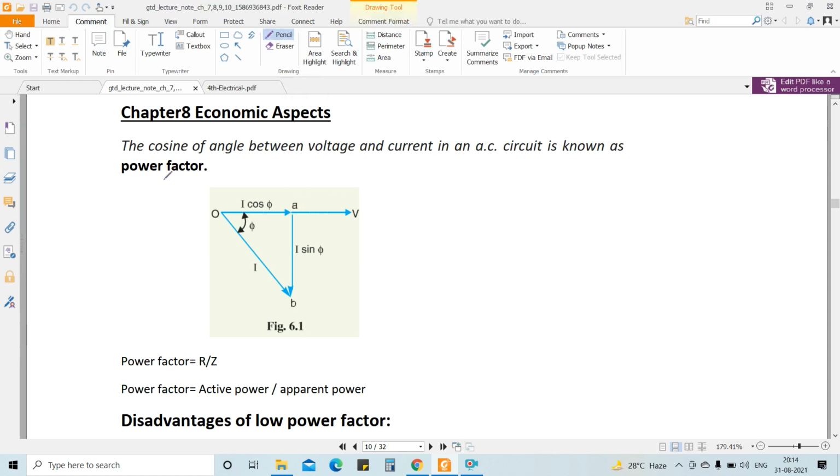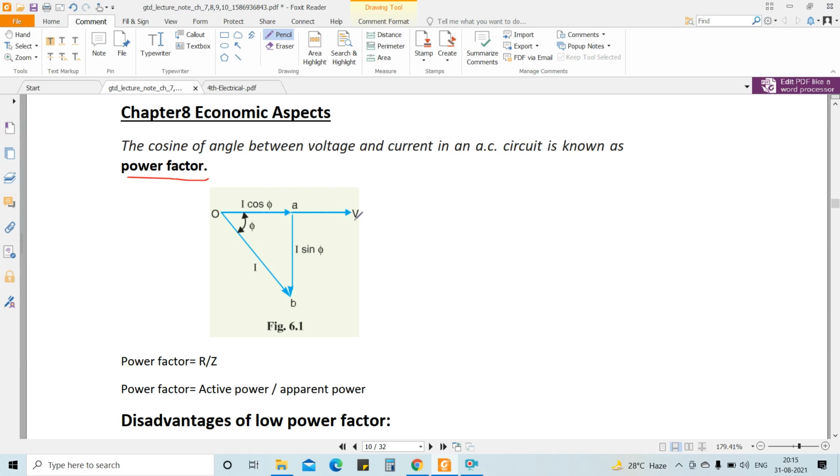So power factor, what do you mean by power factor? This term you already studied in your basic electrical portion, in your electrical machine portion, and in your network theory section. Let me remind you that the cosine of the angle between voltage and current in an AC circuit is known as power factor.